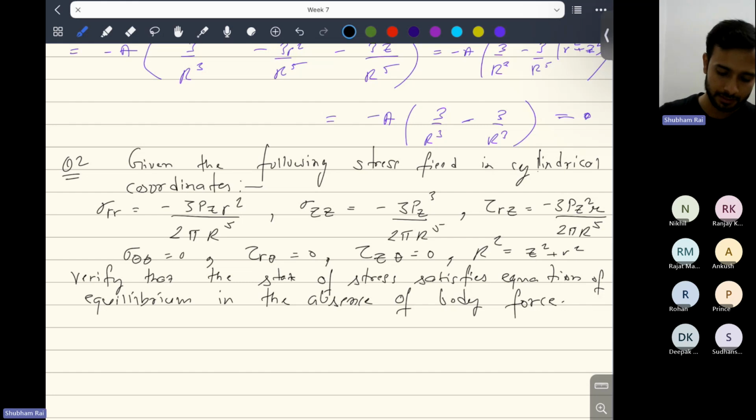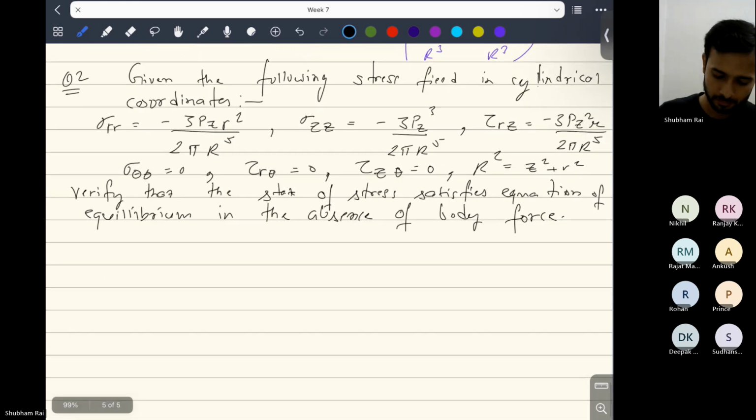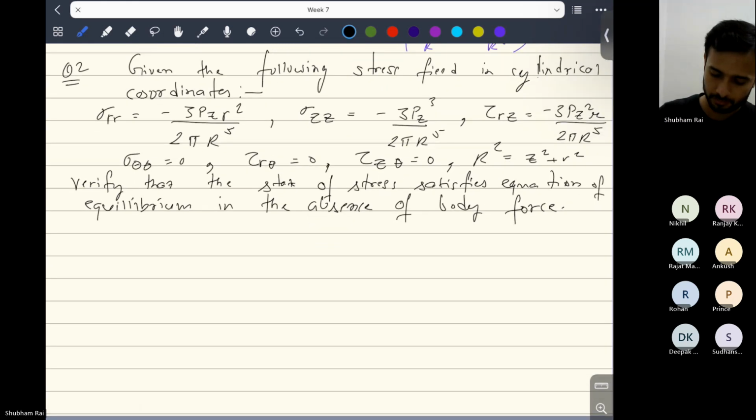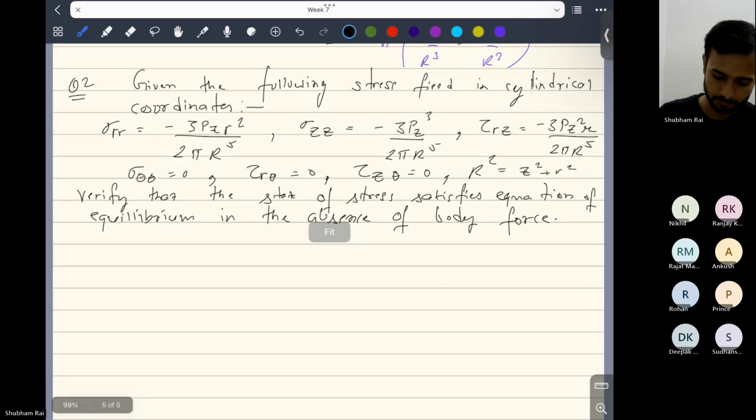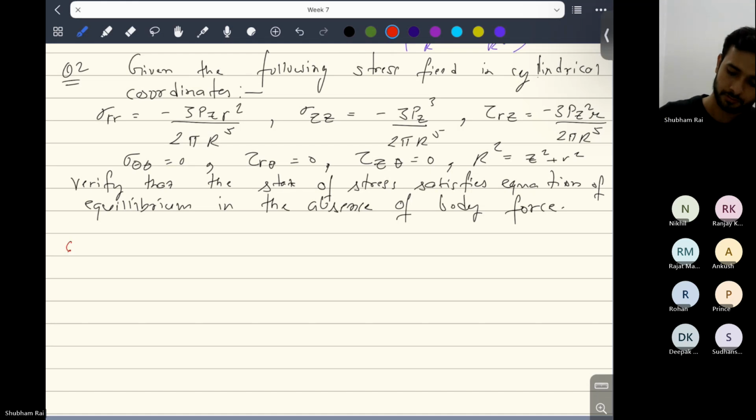So let me firstly write the equilibrium equation in this way. So given the stress field, you have to verify that the state of stress satisfies the equation of equilibrium in the absence of body force. So there is no body force. Firstly, let me write the equation of equilibrium in r direction. So this is the solution. Let me take r direction.